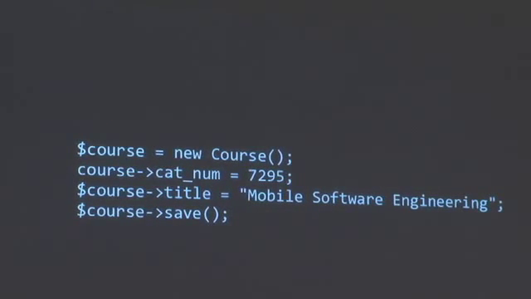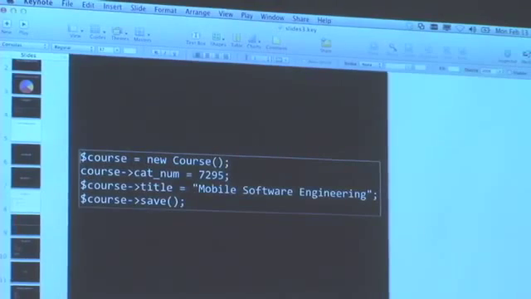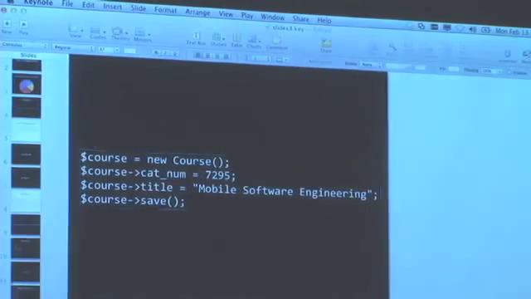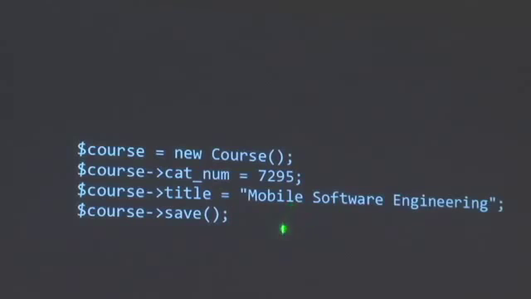So how do I put stuff inside of it? Well, let me put a catnum of like 7295. And let me put a title of, oops, I'm missing a $ sign. So I guess it is pseudocode. Now it's actually code. All right, so now I'm putting in the title of the course here, and then this is the magic or the abstraction that active record gives you. You just say save.